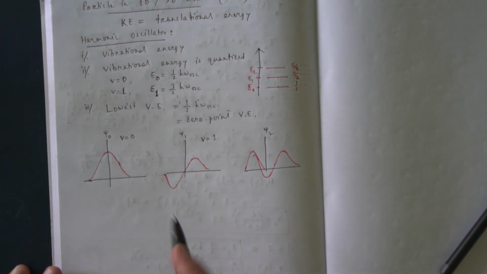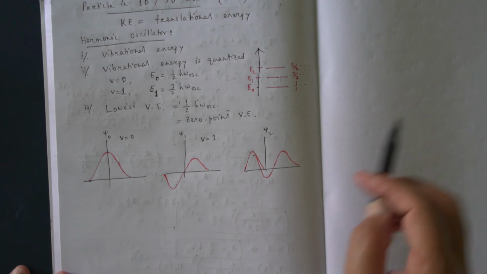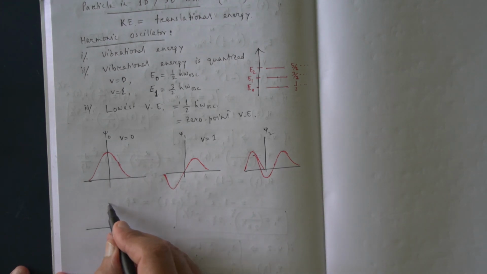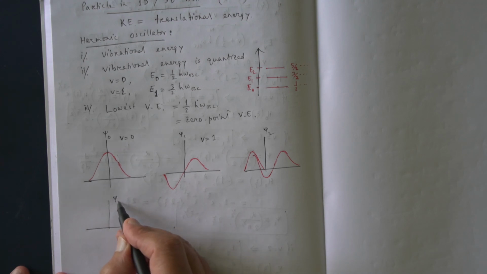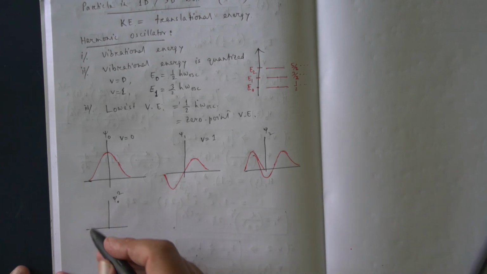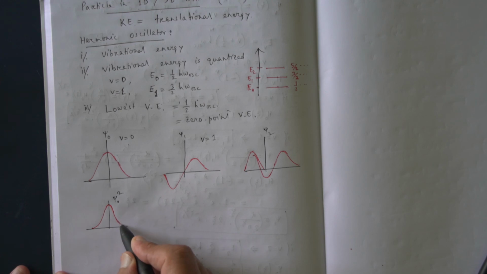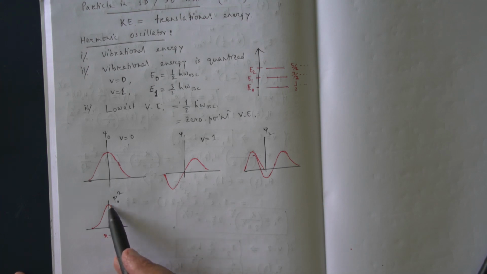Now, the plot of the square of the function is more important because the square of the function gives the probability. If we plot psi 0 square, the function will be like this. That is, the maximum probability is at x equal to 0. In the zero point energy level, the maximum probability of finding the particle is at x equal to 0, the equilibrium position.